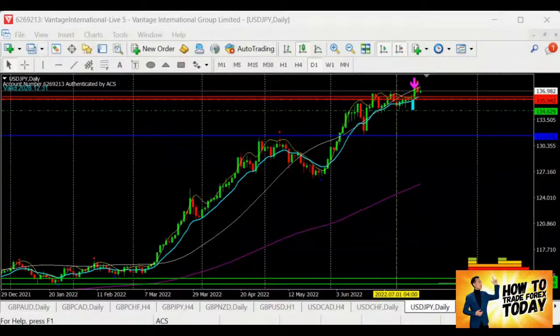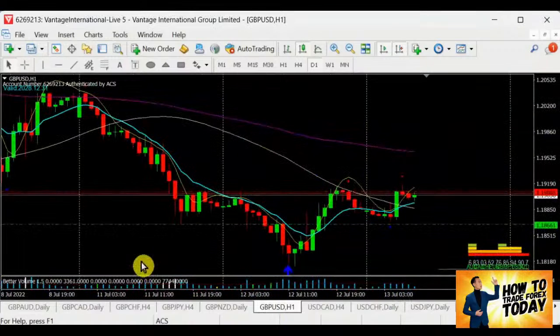After yesterday, the euro dollar has challenged the 1-to-1, so I guess it's going to have some turbulence around the area for all the euro pairs and pound. So just stay put.